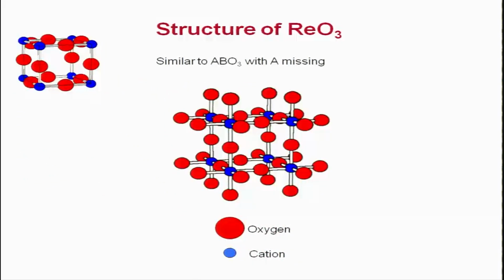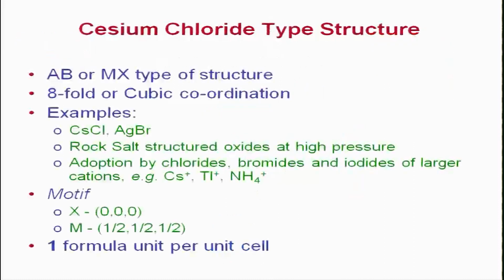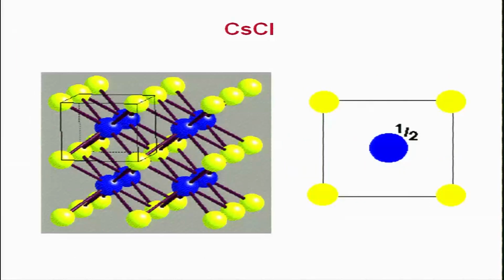You can make a slightly elongated structure, show the octahedra clearly, and if you make the polyhedral view, it looks like this, the polyhedral view of the ReO3 structure. So, this is the cesium chloride sort of structure. You can say that these are the dumbbell shaped structures. These are all chlorine atoms, these are all cesium atoms. Okay.